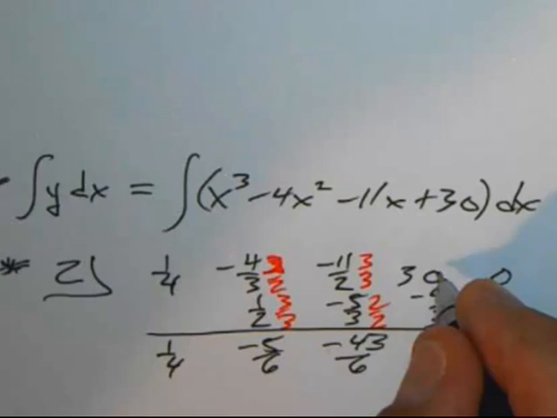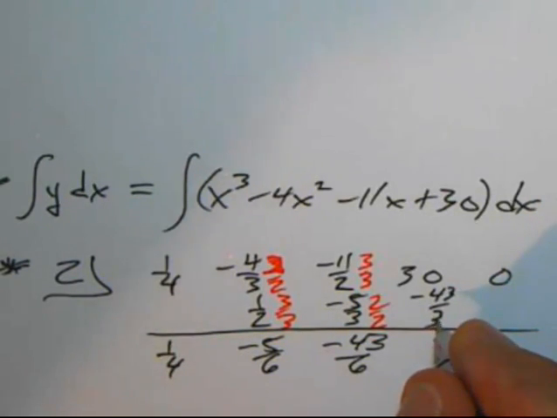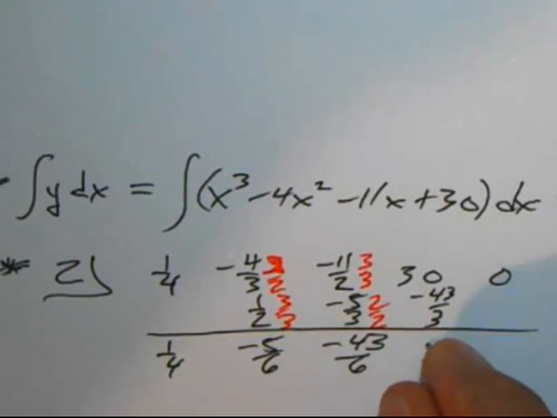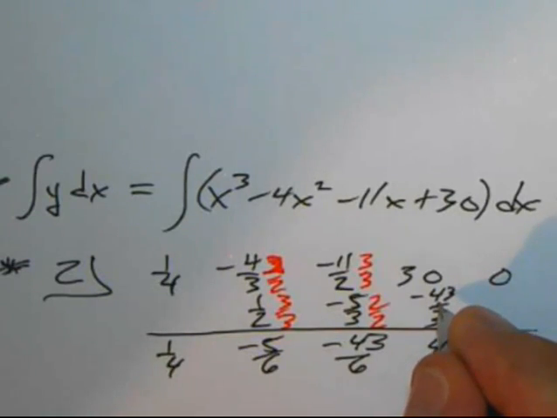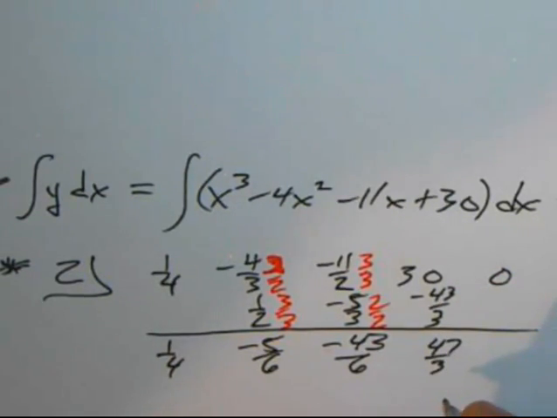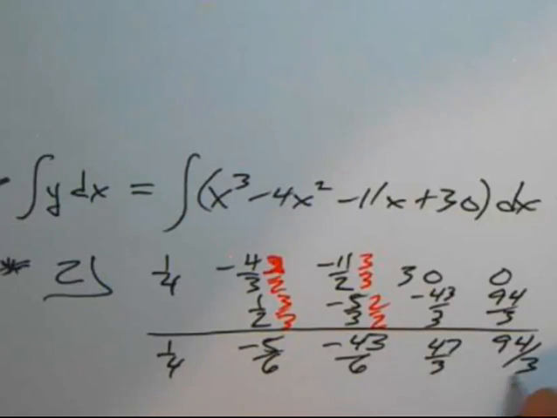This would be 90/3 minus 43, brings us down to, let's see, 47/3. Check that again. 90 minus 43. Yeah, okay, 47/3. Okay, times 2. This puts us at 94 thirds. Okay, there's our F of 2.